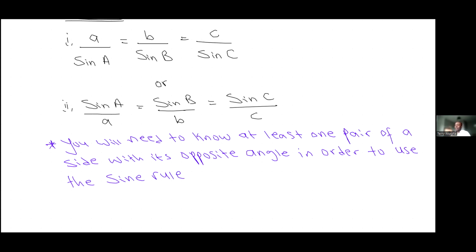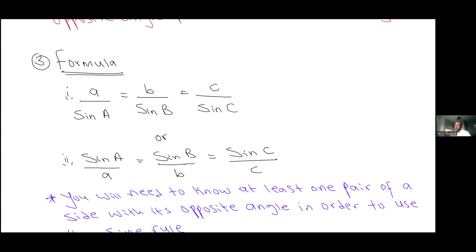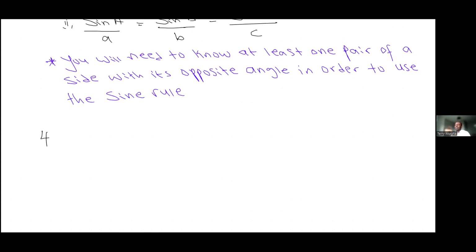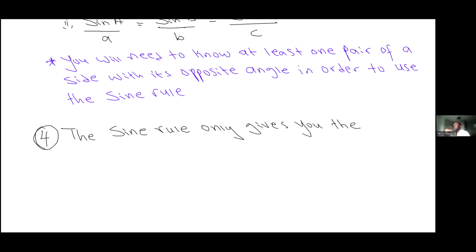And the most important is number 4, all right? Because we're going to talk about obtuse angles very soon. Number 4, the key point you need to keep in mind is that the sine rule will only give you the acute angle.